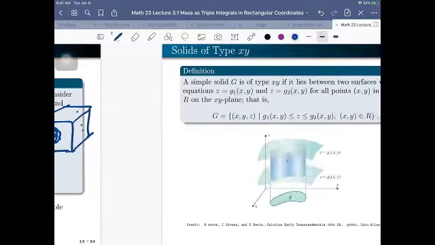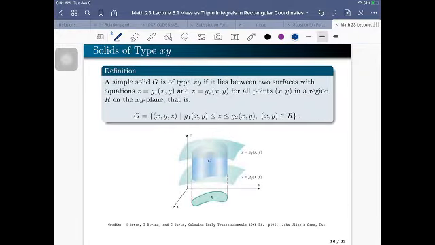So what really is a solid of type xy? A solid of type xy is such that you have a projection R on the xy plane, and at each point xy on this projection, you can define the floor and the roof of the solid in terms of a single function.